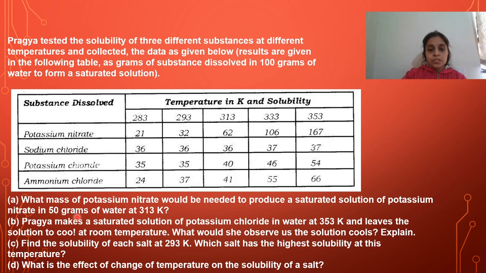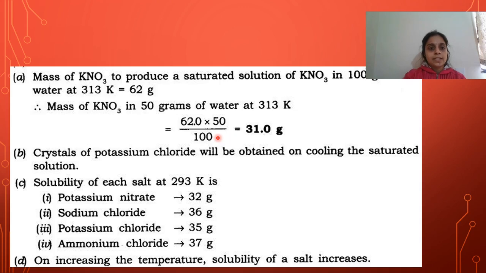But here the question is for 50 grams of water, which is half of that. So it should be half the grams, so it will be 31 grams. Or you can write it like this: mass of KNO3 to produce a saturated solution of KNO3 in 100 grams of water is 62 grams. For 50 grams, how much? So 62 into 50 divided by 100, you'll get 31.